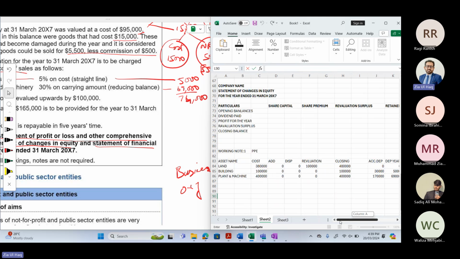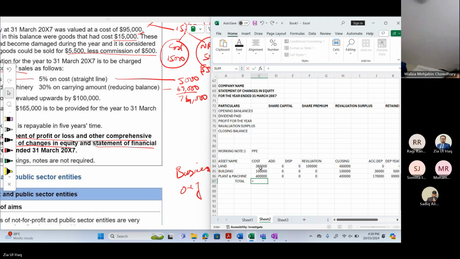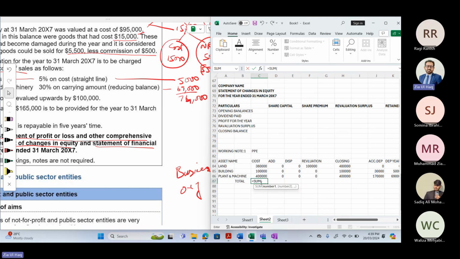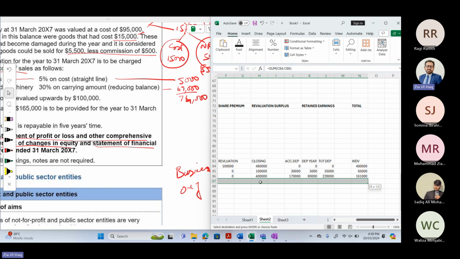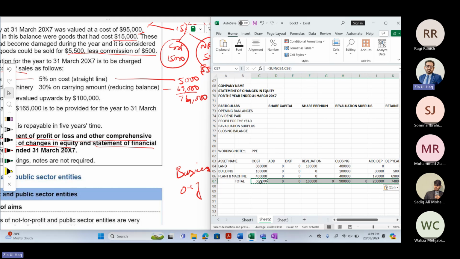Now we need to see the total for these. So total, equal to sum bracket, this, shift, enter. This formula Control C, we can shift onward towards WDV, Control V.